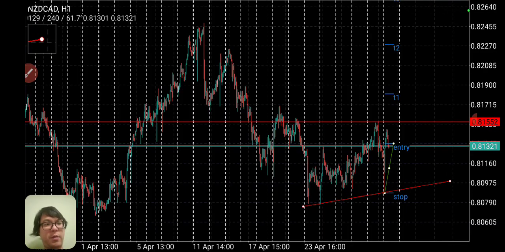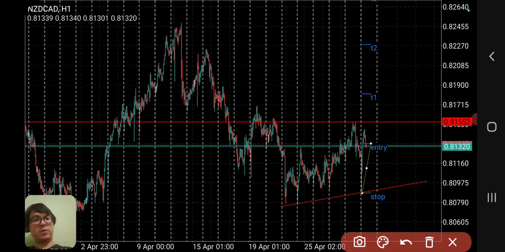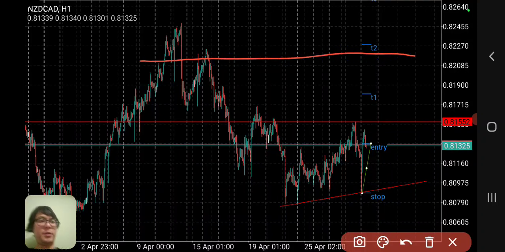Okay. Long setup, entry, stop, target 1, target 2. All the way to our resistance. So long setup still valid for this one.